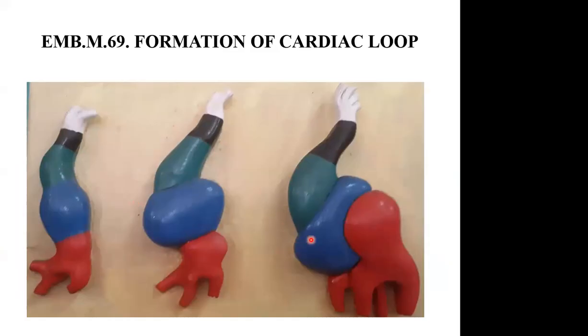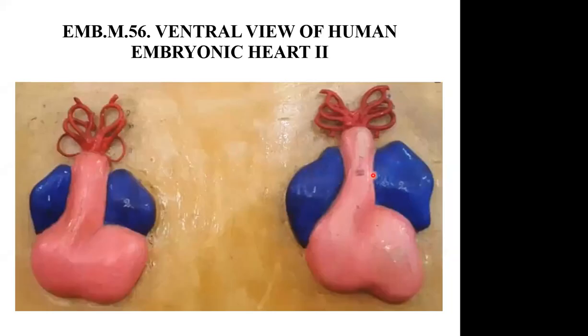So the bulbus cordis, otherwise the conus, along with the ventricular part descends downwards, that is ventrocaudally, and at the same time to the right. This goes up dorsocranially. That's why both atria come to the dorsal aspect like this.